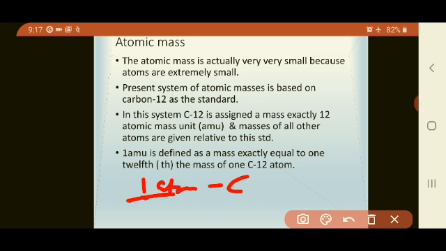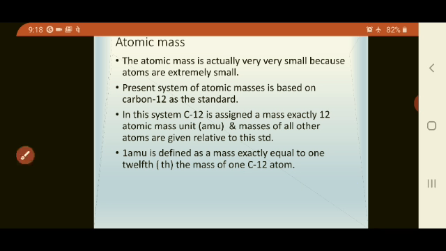And if we divide it into 12 parts, means 1 upon 12, then the mass of one part of this carbon is nothing but 1 AMU. So 1 AMU is nothing but a mass exactly equal to 1/12, means 1 upon 12, the mass of one atom of C12. Now this definition is asked for 1 mark. And whatever atomic masses are given in the periodic table, they are relative to C12.